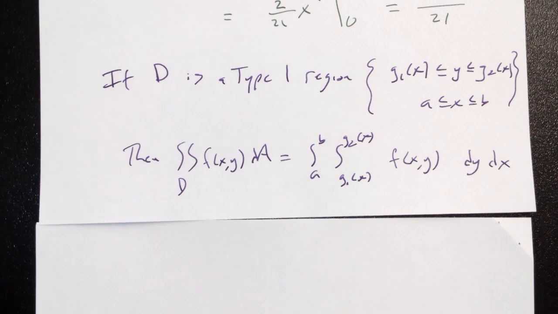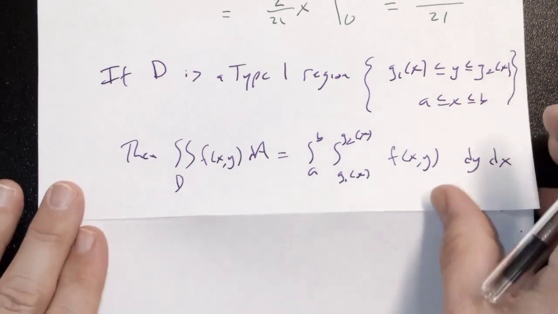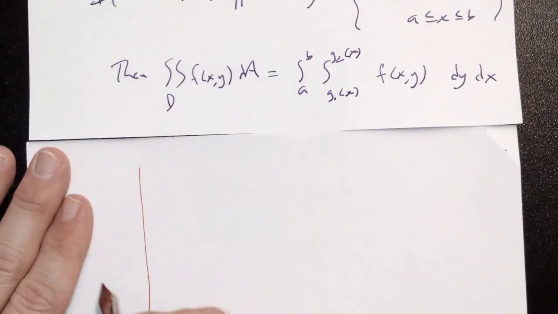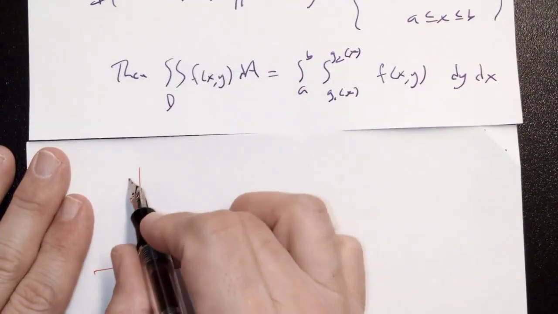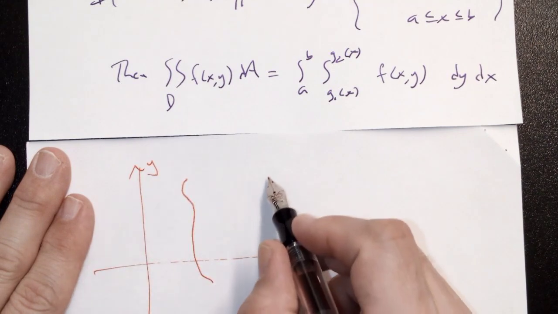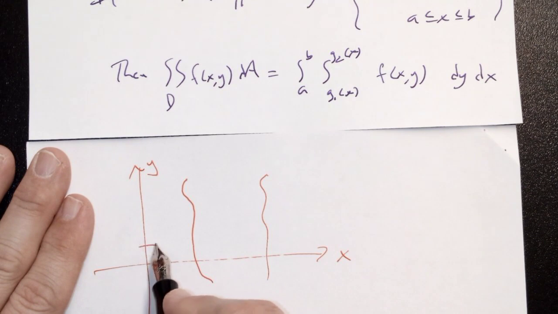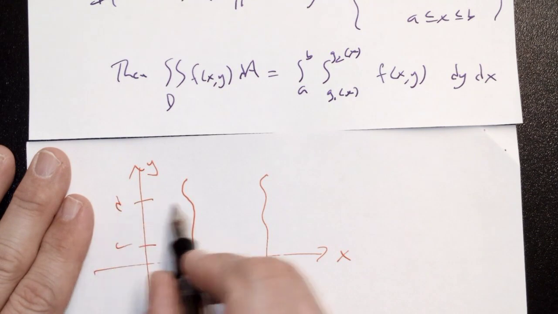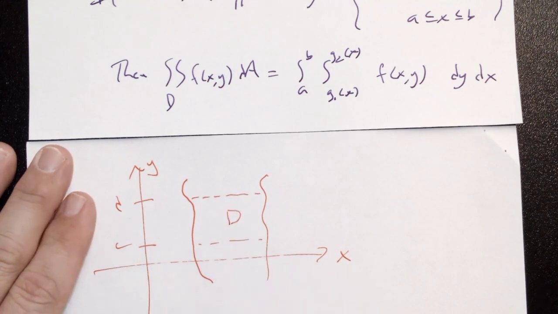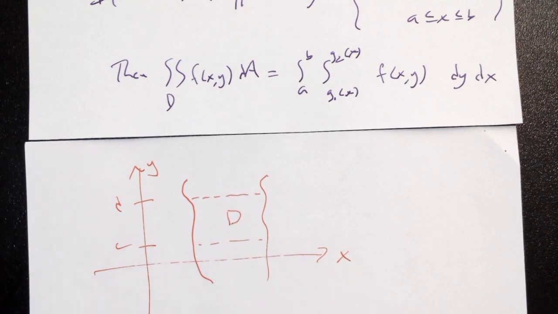So what happens if it isn't? What if my picture is turned sideways?